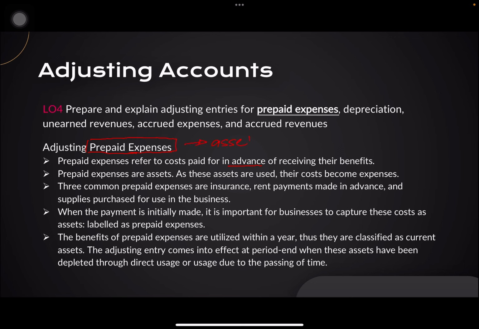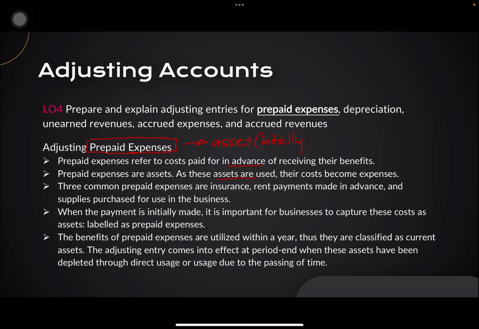As it says in the second sentence, prepaid expenses are assets. As these assets are used, their costs become expenses. So it says here that initially, these are assets, at initial recognition.